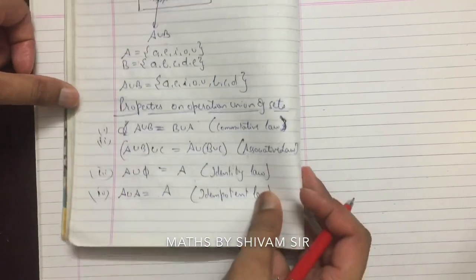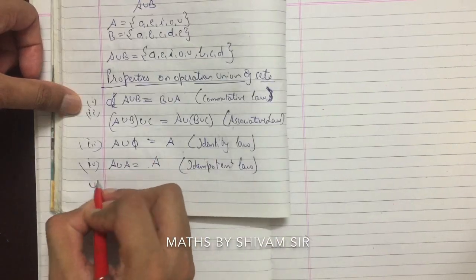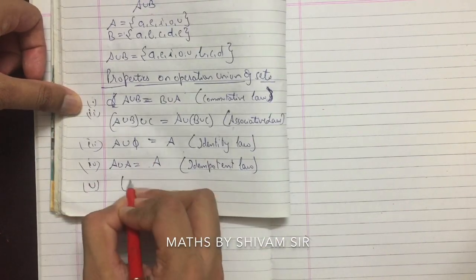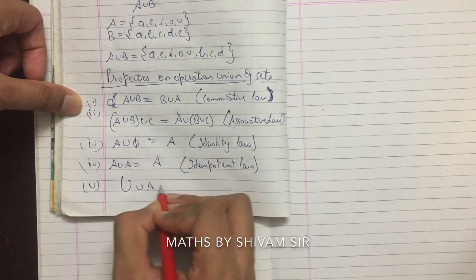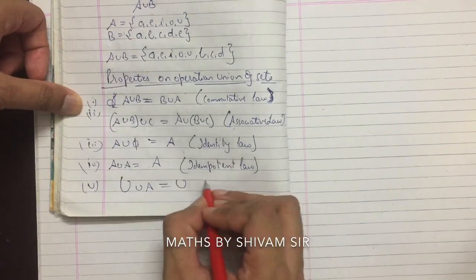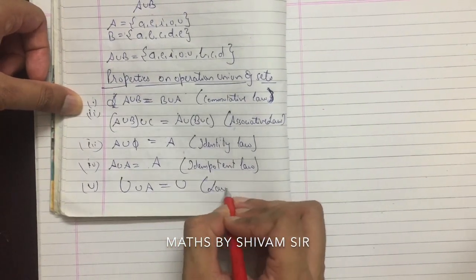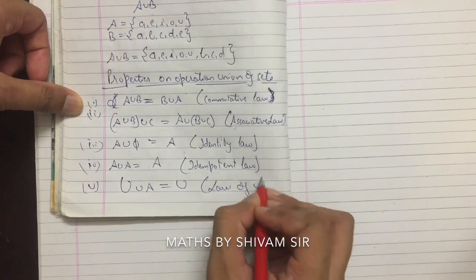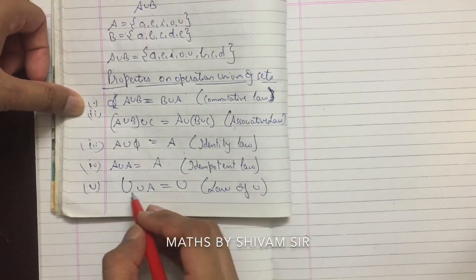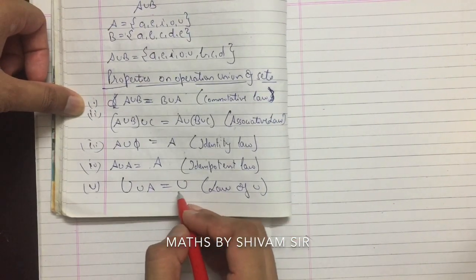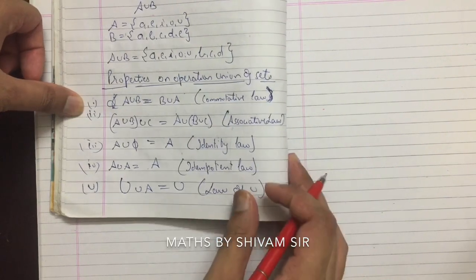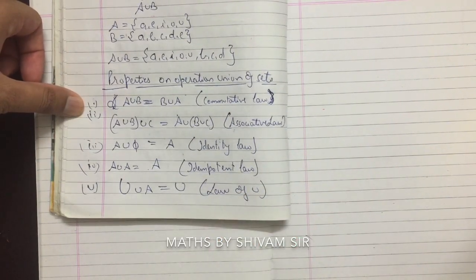Next, the fifth property is universal set union A is the universal set. This is the law of universe, law of U we call it. Universal set union A is the universal set itself. So these are certain properties.